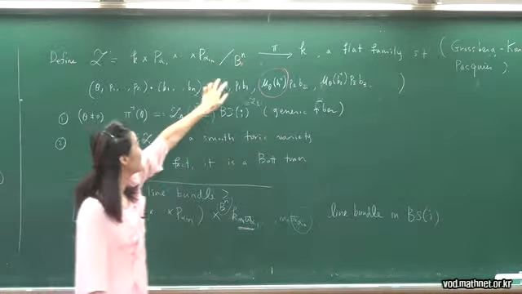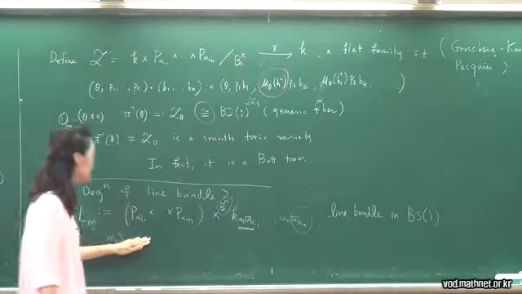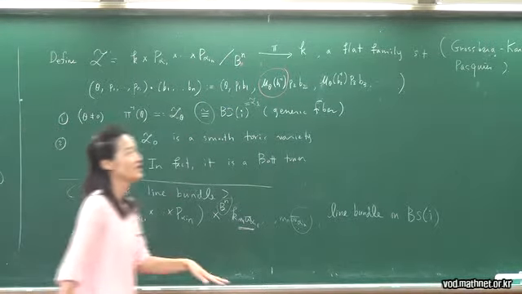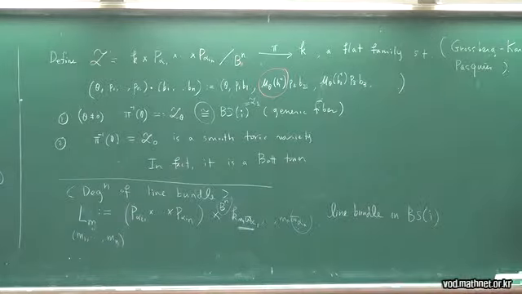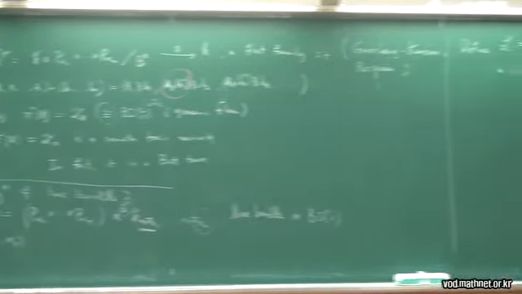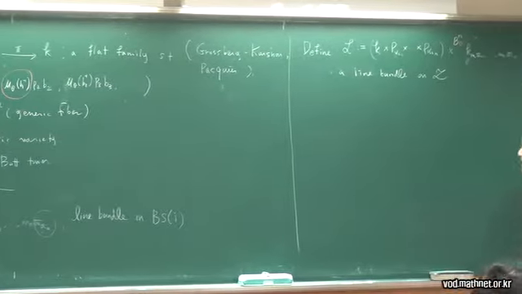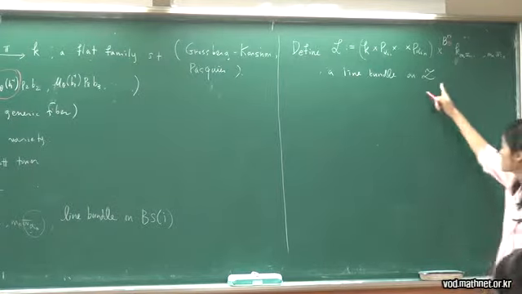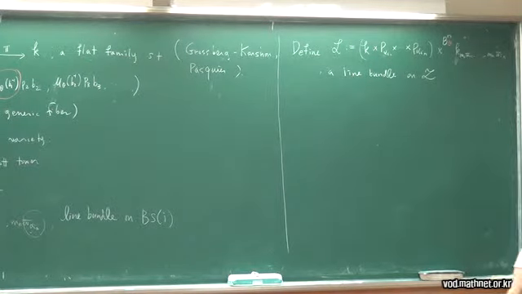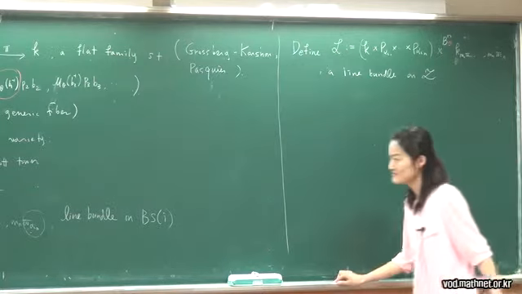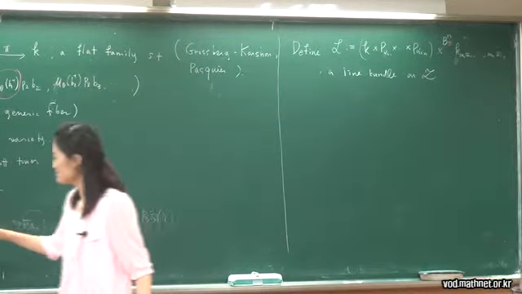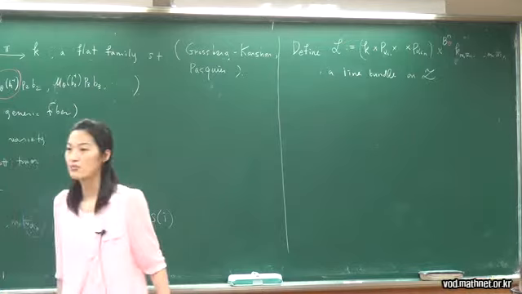So if I put it like that, this is the line bundle on the Bott-Samelson variety, and using this B_n theta action, we can also define the line bundle on script Z, exactly the same. We just use this deformed Borel action.